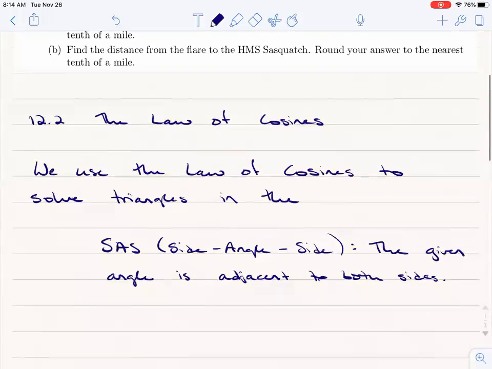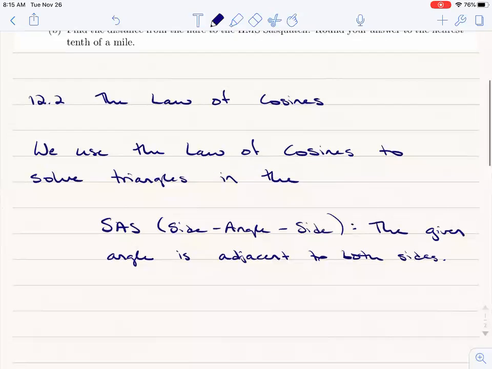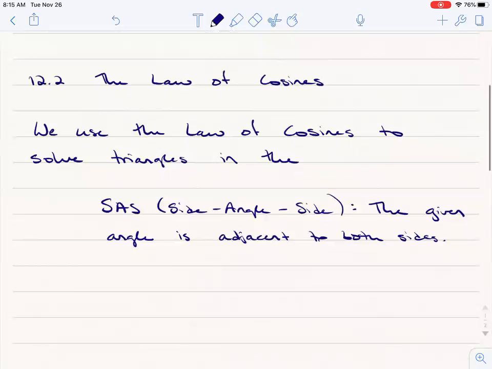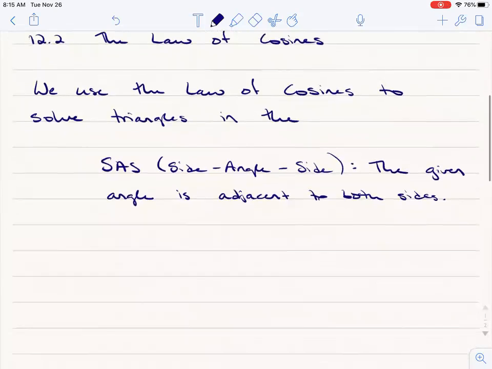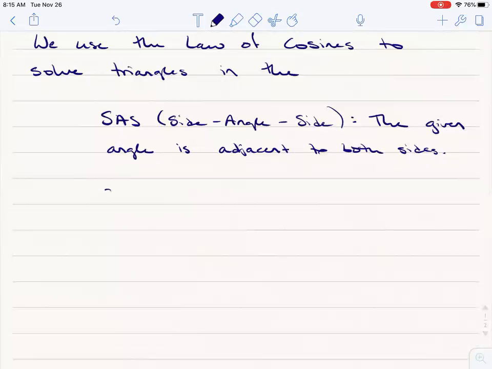But anyways, the law of cosines, just kind of quickly reiterate. So we've got the side angle side situation, or the side side side situation. So there's no angles, but we know the lengths of all three sides. Side, side, side.